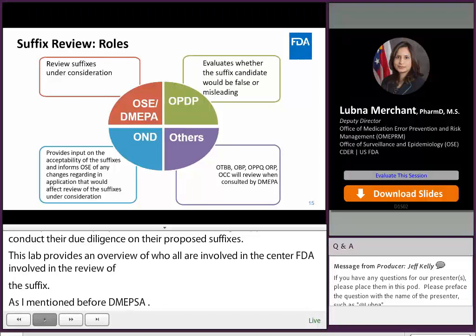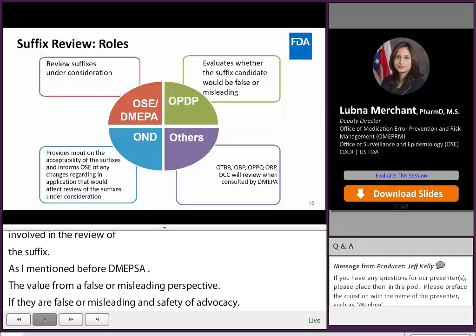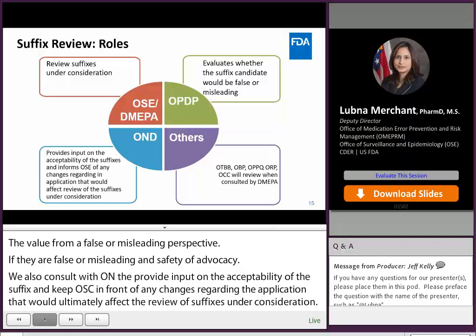We also consult with OND to provide input on the acceptability of the suffix and keep OSC informed on any changes regarding the application that would ultimately affect the review of the suffixes under consideration. And then there are various other offices in CDER that may be involved in the review of the suffixes on a case-by-case basis.